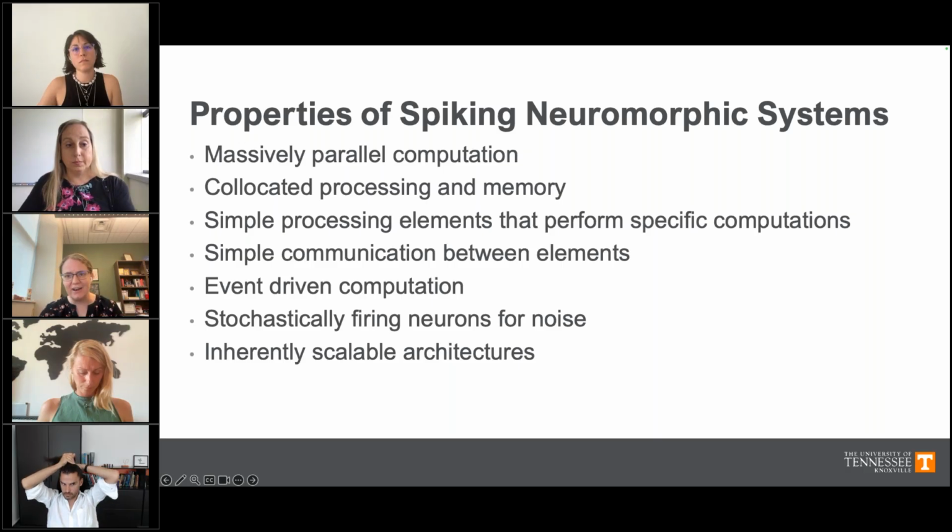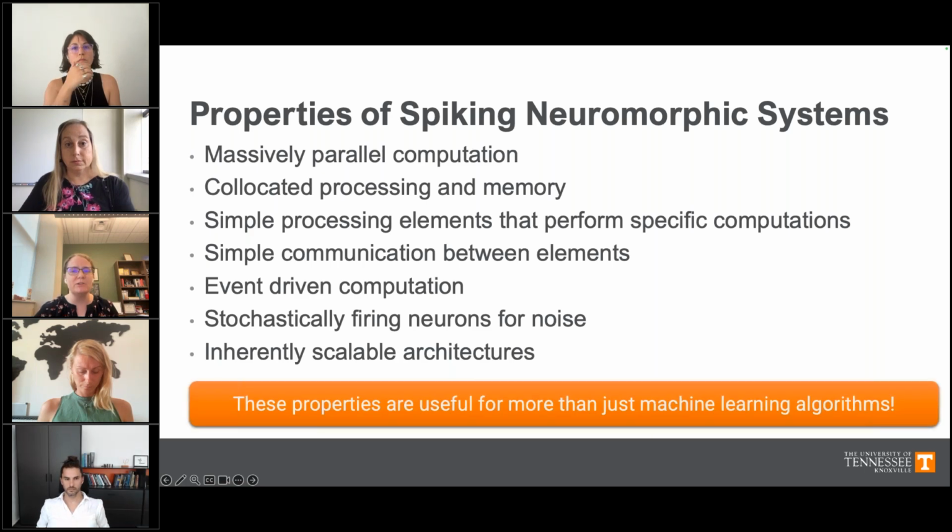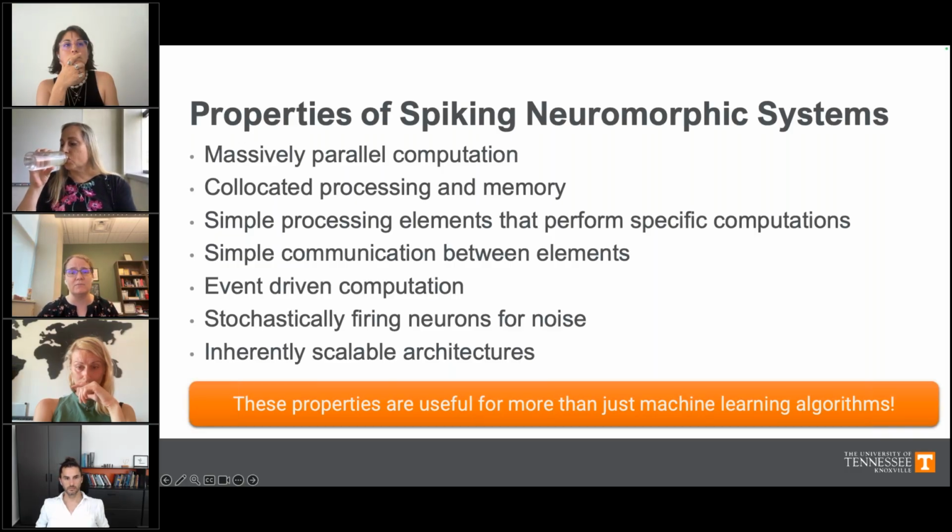But putting my computer scientist hat back on, these properties are useful for a lot of things beyond just machine learning algorithms, and beyond just taking inspiration from the brain to do machine learning or to better understand neuroscience. If you just look at a neuromorphic system as a computer with these types of properties, there are a ton of different types of algorithms and applications that make sense to run on these systems.